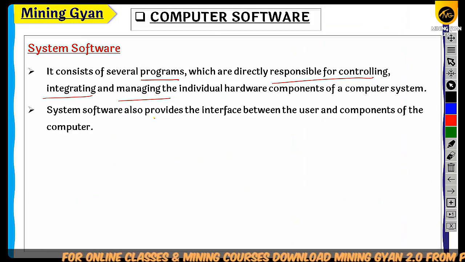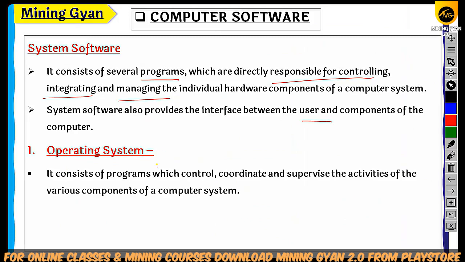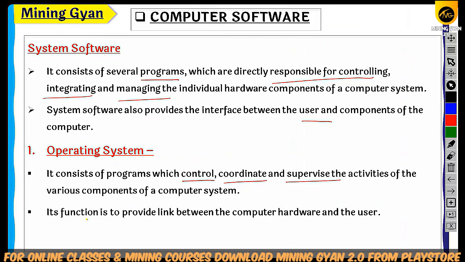System software also provides the interface between the user and the components of the computer. Like operating systems, it consists of programs which control, coordinate, and supervise the activities of the various components of the computer. Its function is to provide a link between the computer hardware and the user.